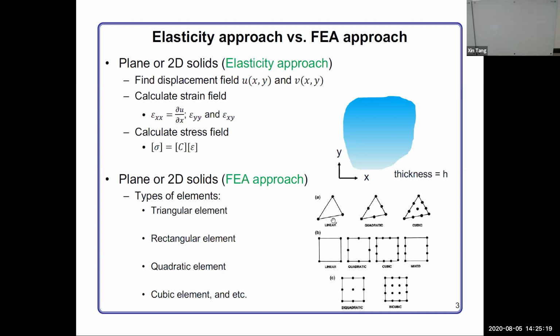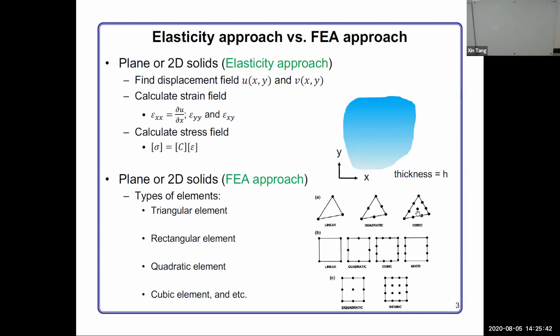They are linear. And it can be more sophisticated, and you can add nodes into the edge of the triangle. So you can have quadratic triangle elements. You can not only add 1 node to each edge, you can add 2, such as the cubic. It becomes cubic triangle elements.